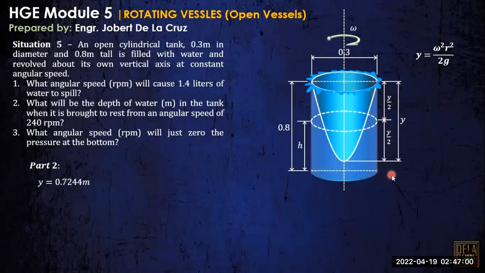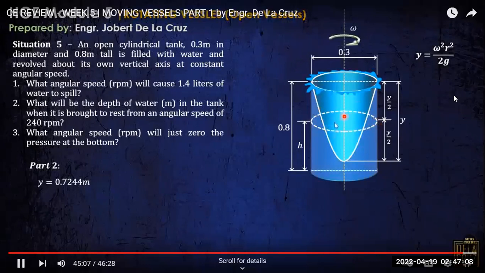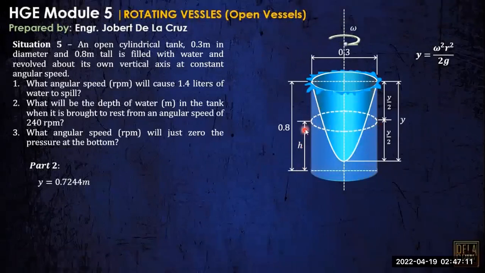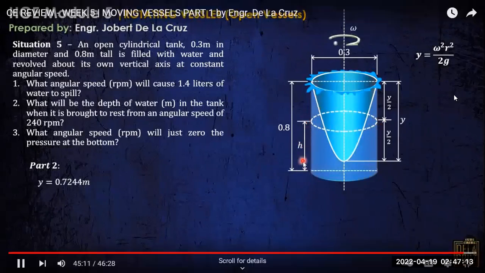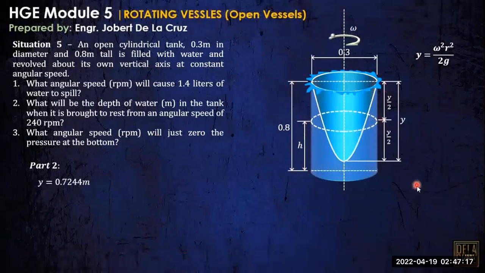Okay, so if we have the value of y here, then yung tinatanong is yung water level after siya umikot or become rest na siya, ito yung h natin. Ito yung tinatanong dyan. So as you can see, that will be 0.8 minus y over 2. Okay, so we can just directly solve that. 0.8 minus y over 2 or 1/2 of that y. That is 0.438 meters. And that is the answer.